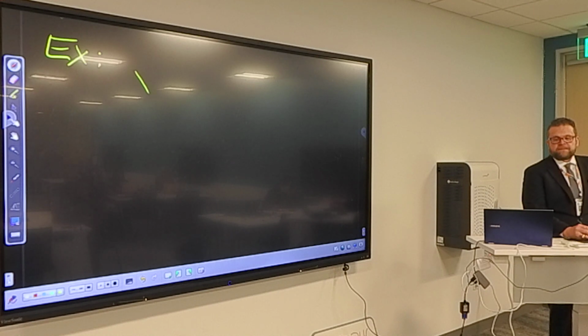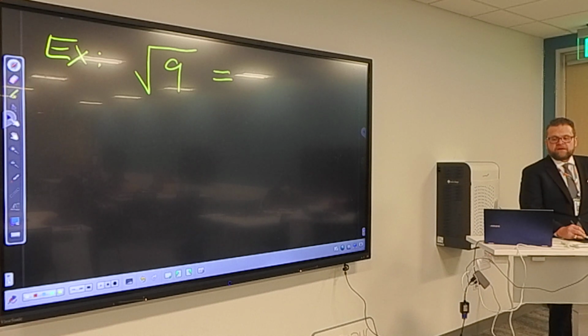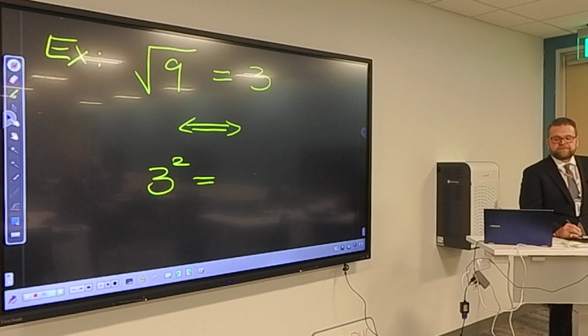For example, the square root of 9 is equal to 3 because 3 squared is 9.